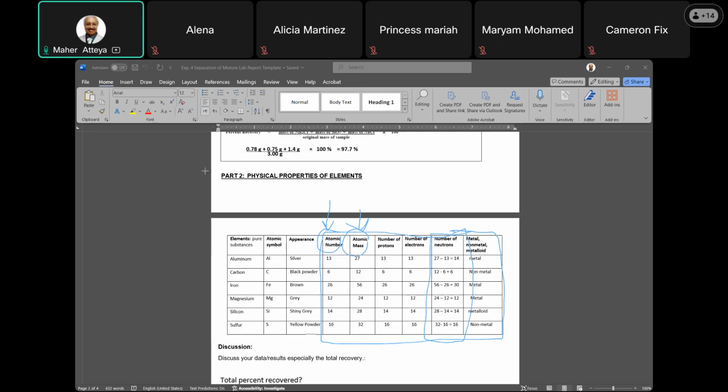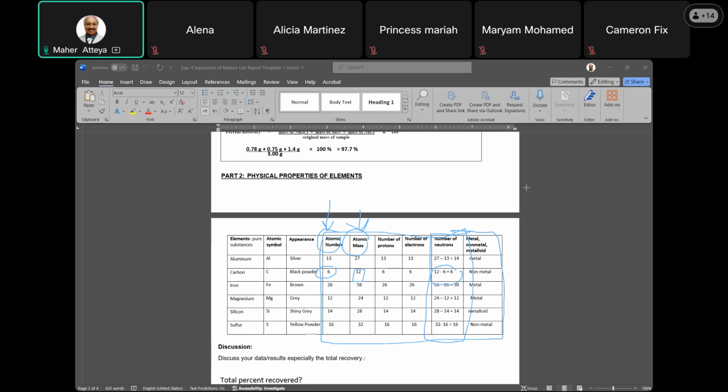Everybody is following? Now, the atomic number is the number of electrons and equal to the number of protons, because the atom is not charged, correct? For example, let's pick carbon. Carbon atomic number is 6. Atomic mass is 12, correct? 12 minus 6 is 6, so 6 neutrons.